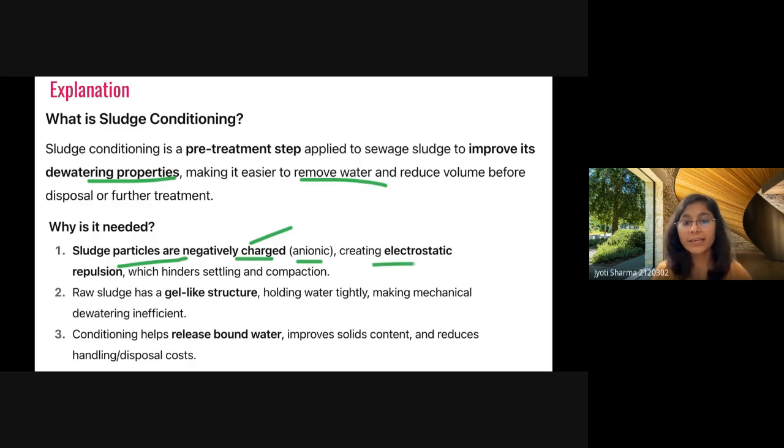That creates electrostatic repulsion, which hinders the settling and the compaction. But if we use a cationic chemical, that will balance this negative charge and reduce that repulsion as well, so a flock can be formed. So this is the pre-treatment step before dewatering. Okay.